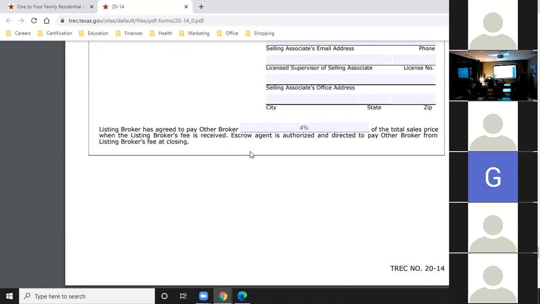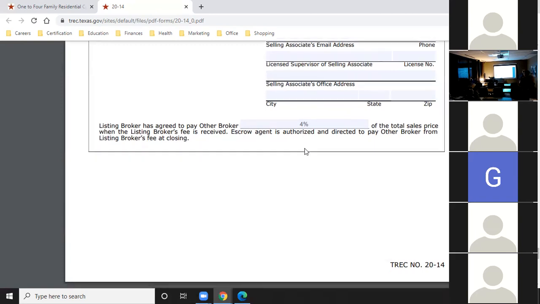If you were to play this out, the listing broker is only getting 1% to sell this property. The other broker, the one that represents the buyer, is going to get 4%. So really, you want to be the buyer's broker in this transaction. Absolutely. Okay, I understand.